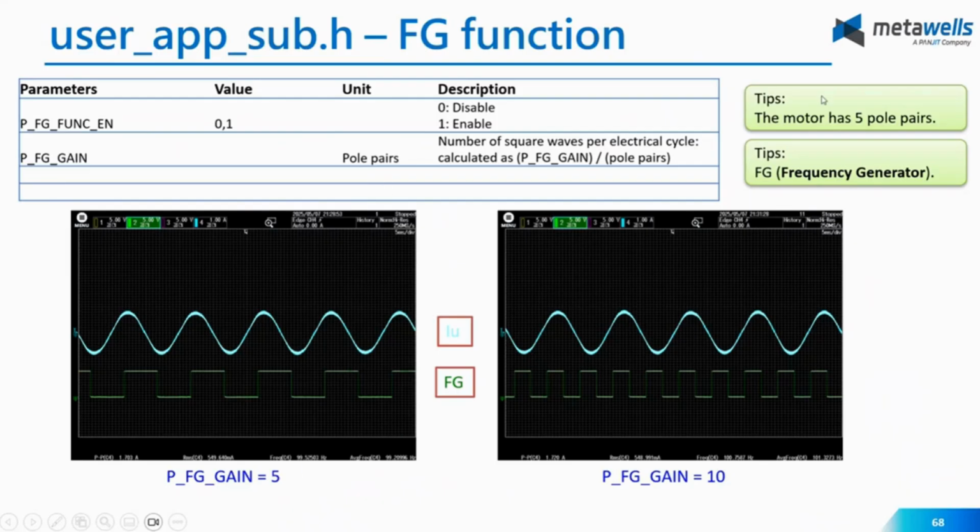This example motor has five pole pairs. When I input the F3 gain as 5, you can check this equation: 5 divided by 5 equals 1. So it means one pulse per electrical cycle. Another example, we input the gain as 10, so there are 2 pulses per electrical cycle.